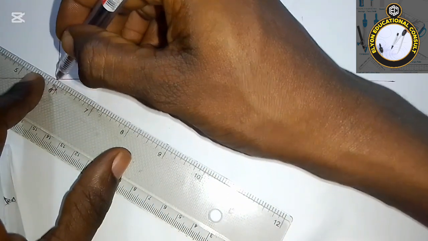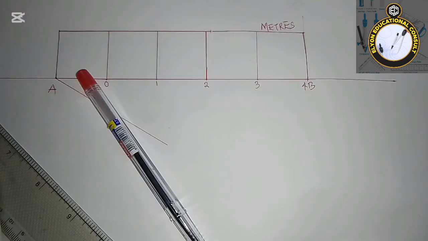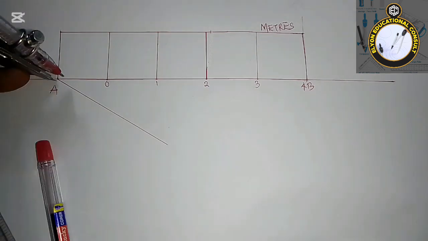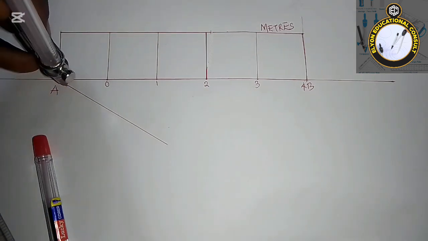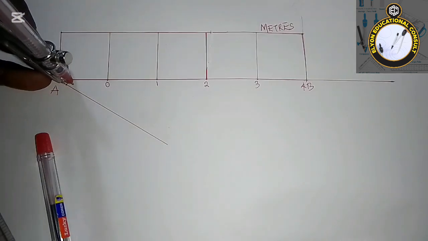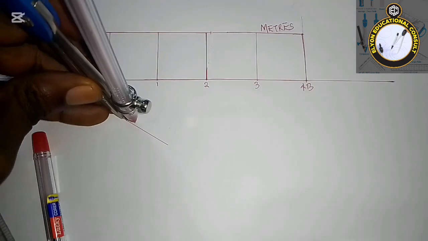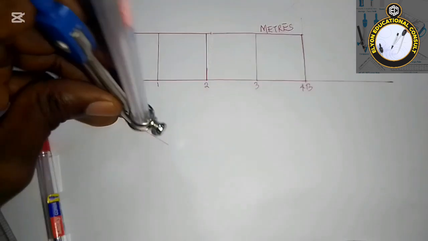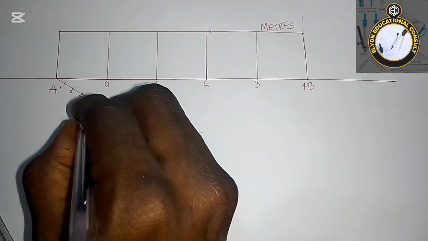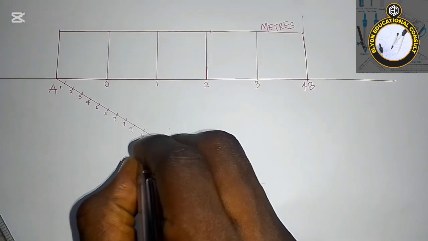I'll draw using my method of line division that way. Step off 10 times. 1, 2, 3, 9, and 10. Let's number to be sure. This is 1, 2, 3, 4, 5, 6, 7, 8, 9, and 10.